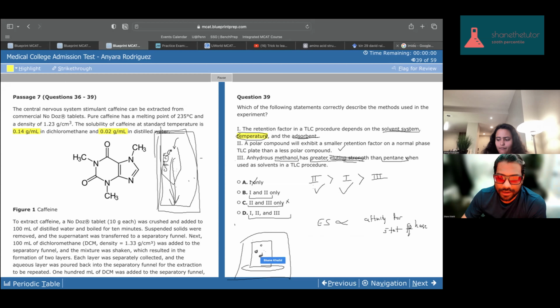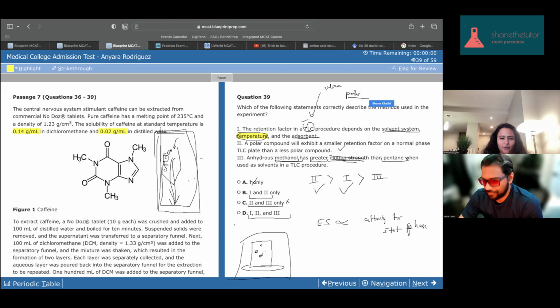If it had a higher affinity for the stationary phase, it would not travel as far up, right? Yeah, I just want to make sure, what is the polarity of the stationary phase in the thin layer chromatography? Oh, okay, yeah, I should have mentioned that. You're using silica, which is polar.